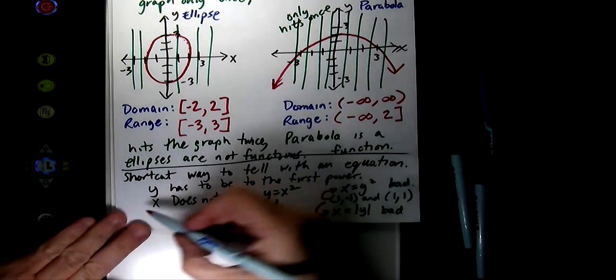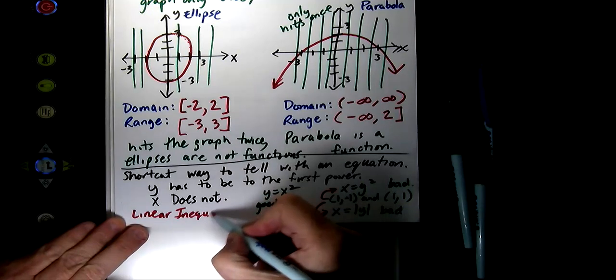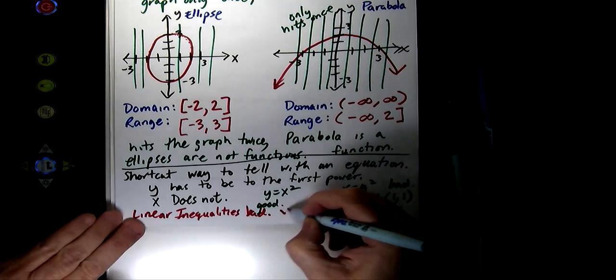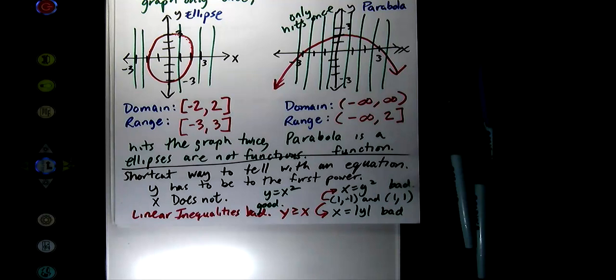Linear inequalities are bad. Like y is greater than or equal to x, bad. When we get to that in class, if there's whole regions, it's like if x is 1, then y equaling 1 works here, y equaling 2 works here, y equaling 3 works here. So there's a lot of numbers that work for y for any x.